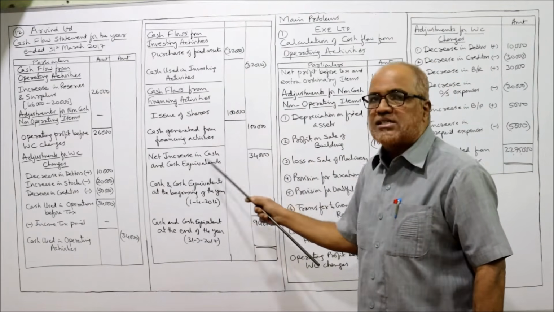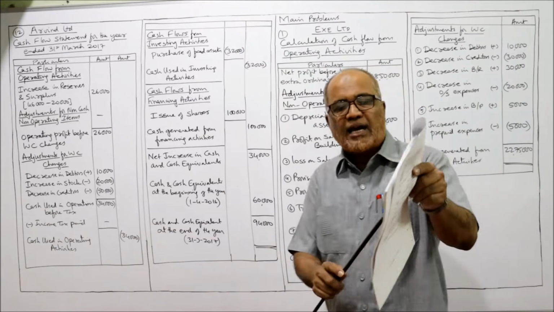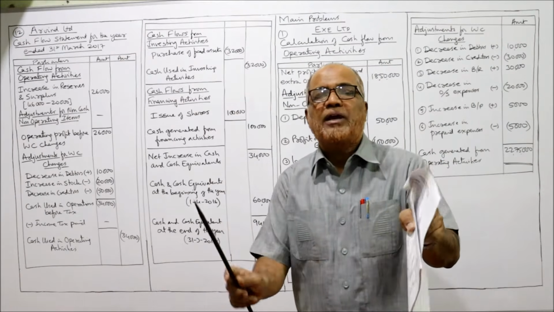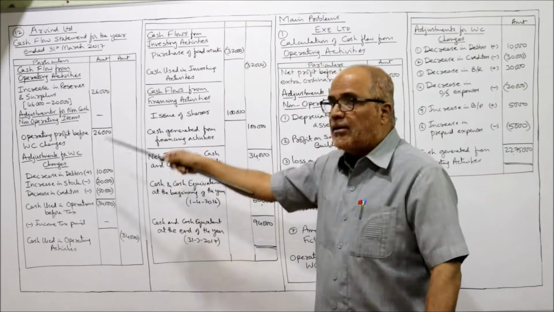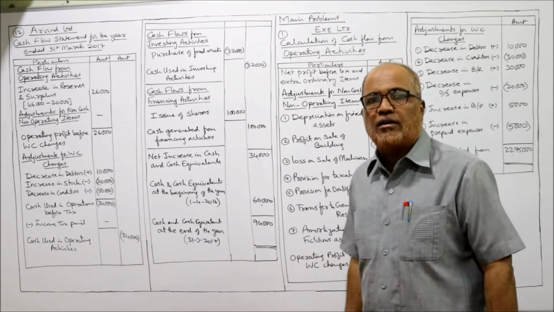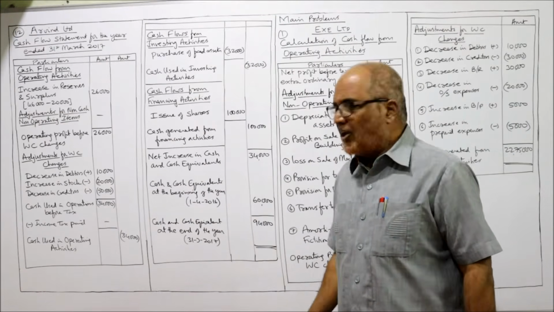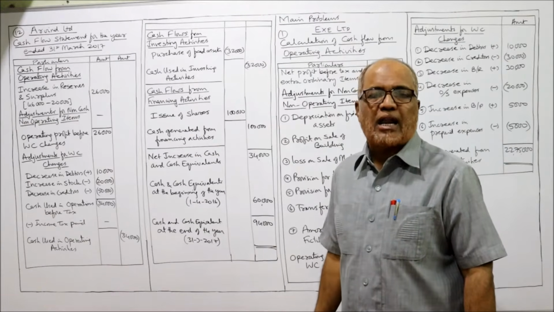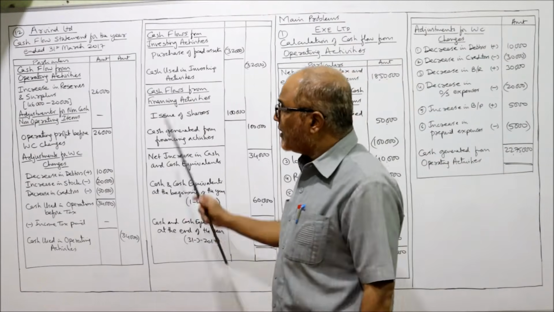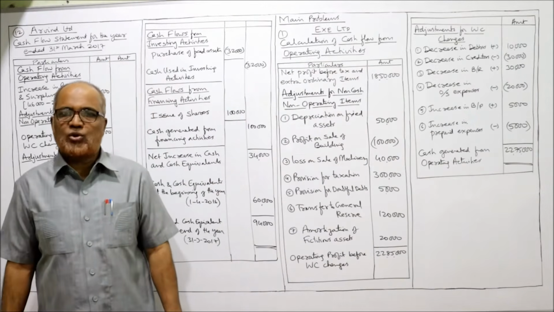If you commit any mistake somewhere, then definitely this total and the cash and cash equivalent at the end of the year will not be equal. Suppose if I have committed a mistake and I am getting 90,000 here, that means I have committed a mistake in preparing this cash flow statement. If both the values are same, then our statement is absolutely right. That's it. So we have completed the 12 short problems on cash flow statement.